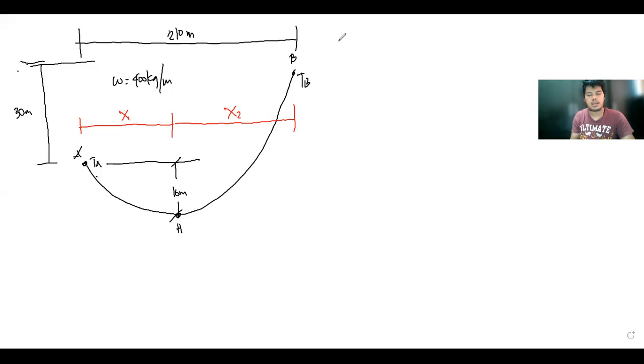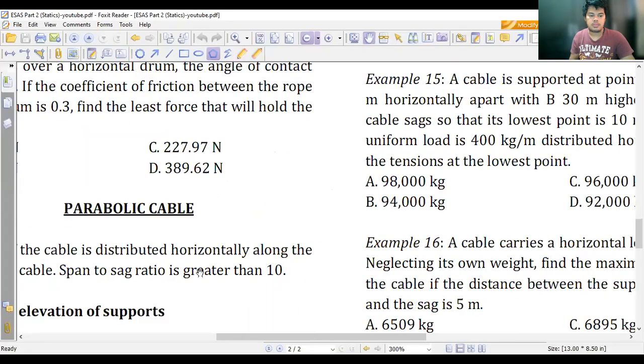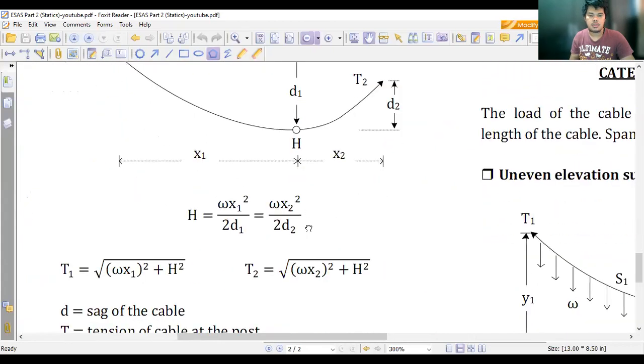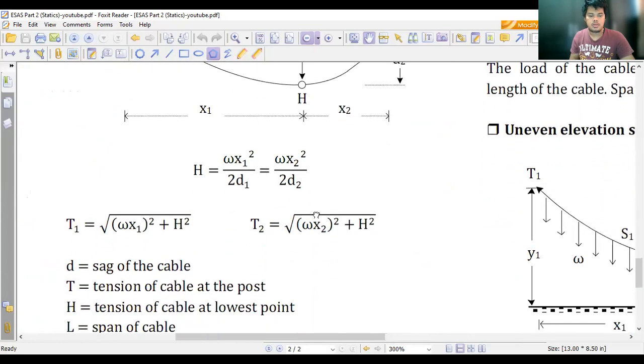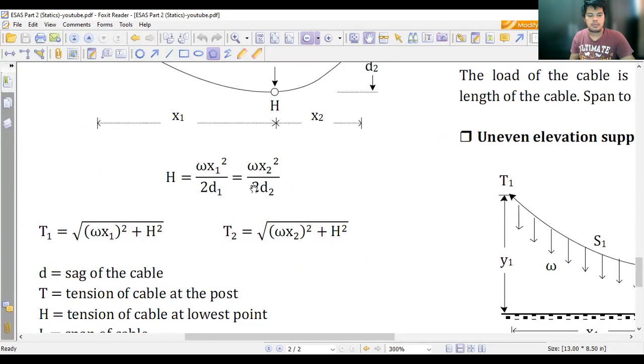Okay, so these are the variables that we need. We begin by writing the formulas. For uneven elevation of supports, we have the formula for H. H is basically omega x1 divided by 2d1.